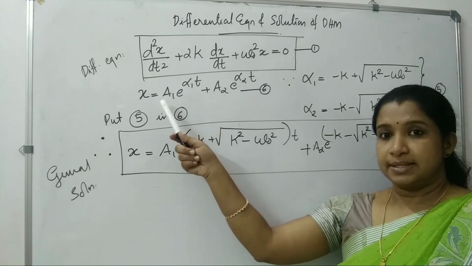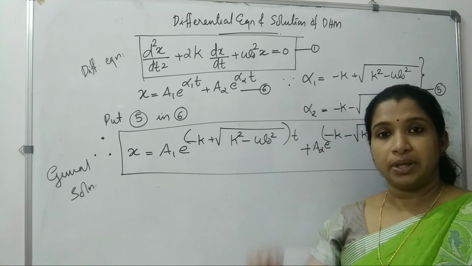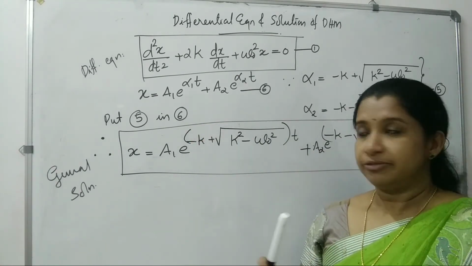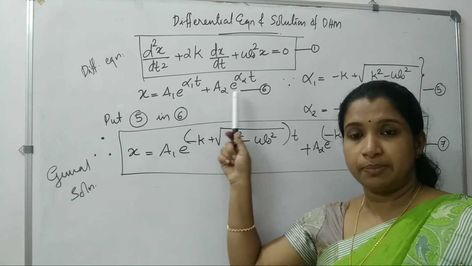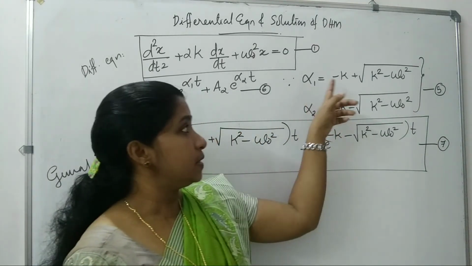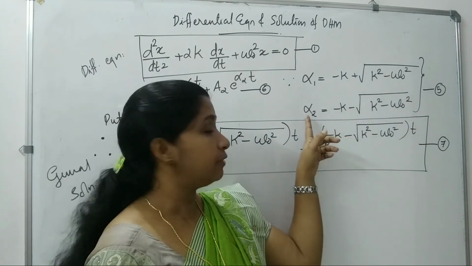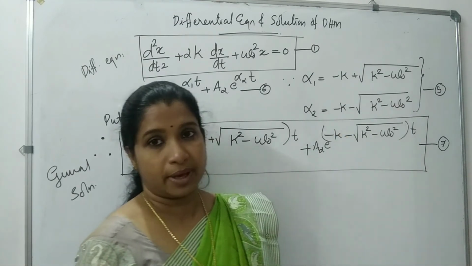So we get x equal to a1 e raised to alpha 1 into t plus a2 e raised to alpha 2 into t. Since we get two values for alpha, we modify the solution like this. We get alpha 1 as minus k plus root of k square minus omega 0 square and alpha 2 as minus k minus root of k square minus omega 0 square.